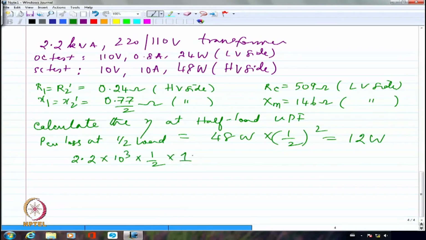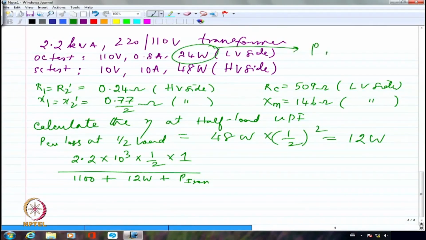So divided by, again I should say 1100 plus 12 watts is the copper loss and P iron. P iron is already given as 24 watts. So this is what is P iron. Right? So this will give me efficiency at 50% load unity power factor.